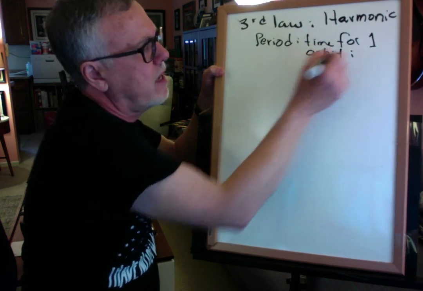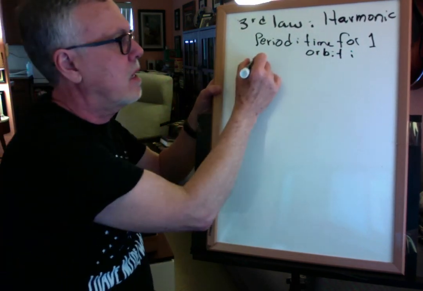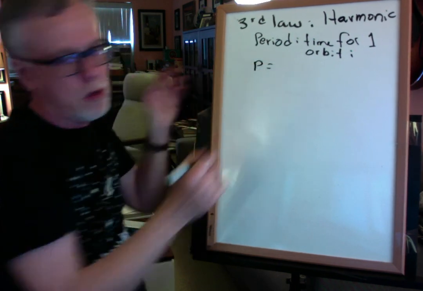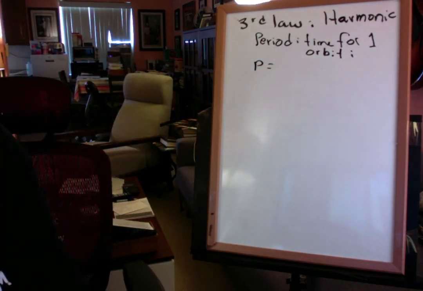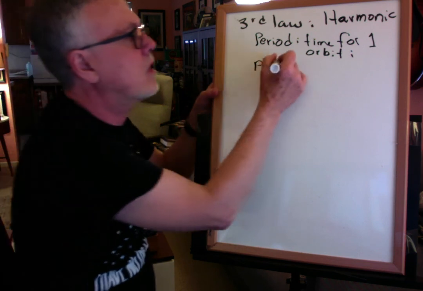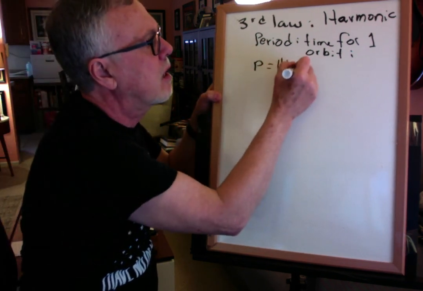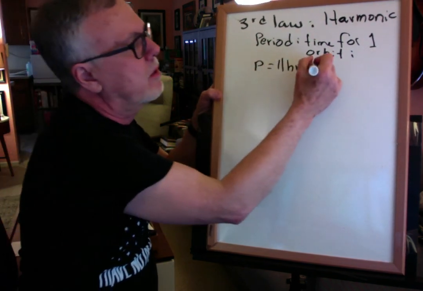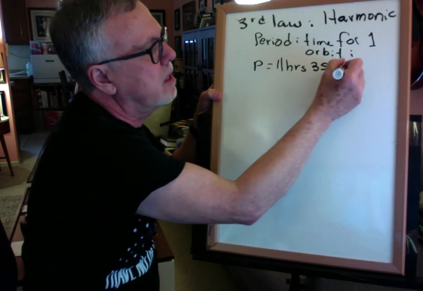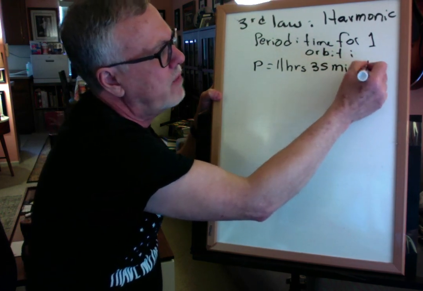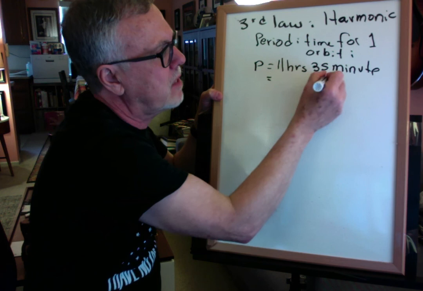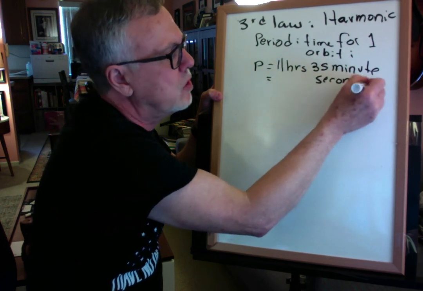Now, for our satellite, I'm going to give you that period. The period turns out to be 11 hours and 35 minutes. Now you have to convert that into how many seconds, because you'll need to use this in seconds.